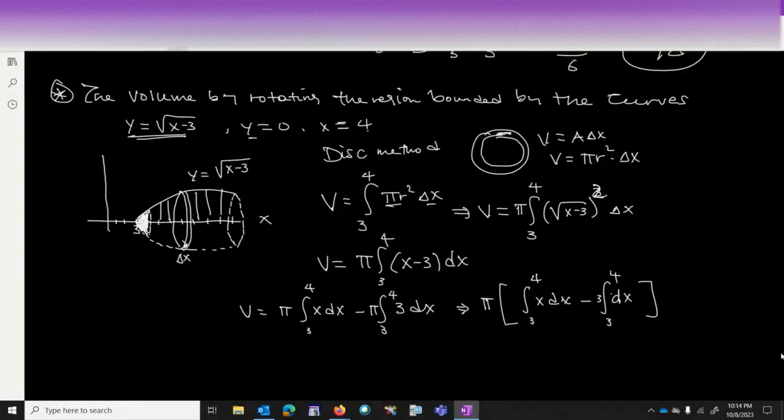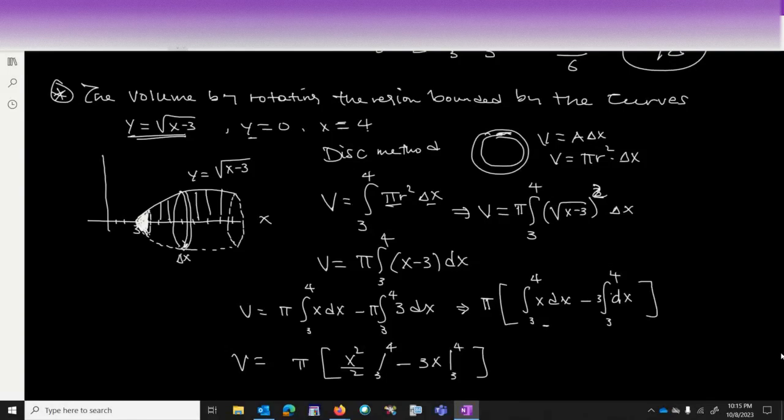So finally, the volume equals pi times, in parentheses, x dx gives x squared over 2 from 3 to 4, minus 3 times the integral of dx, which is just x, from 3 to 4.